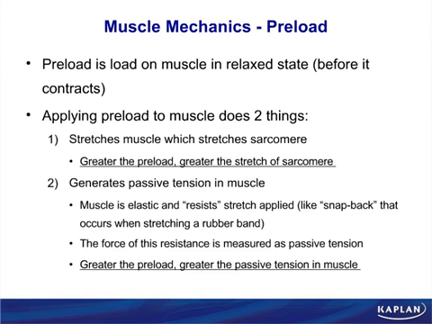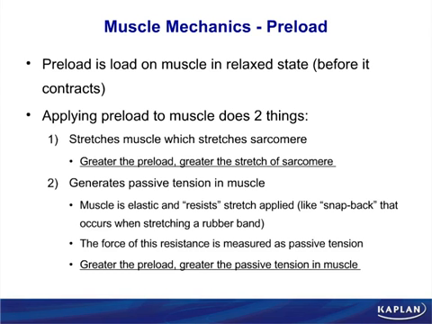You can do this. Just take a rubber band, put your finger through it, and then just pull on one end of it, and you will feel the tension. This is passive tension because it's created by preload. Preload is the load before it contracts, and that's why it generates a passive tension.